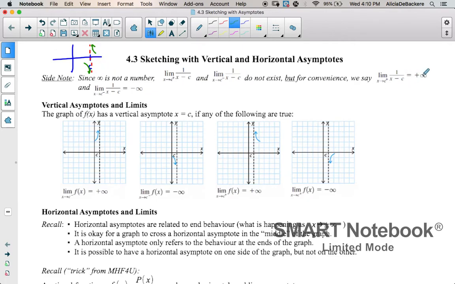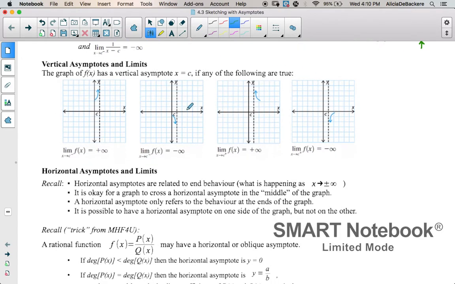So I say that the limit from the right is positive infinity, even though this is technically not a limit, because a limiting number would have to be like a maximum amount or a minimum amount. But we just write this for convenience, and you'll see this all the time in mathematics that people use this as a shorthand.